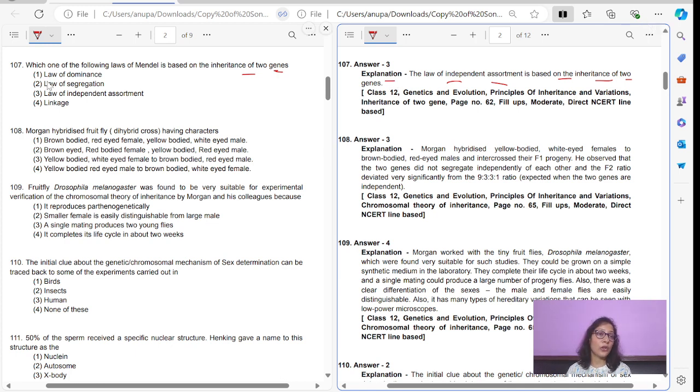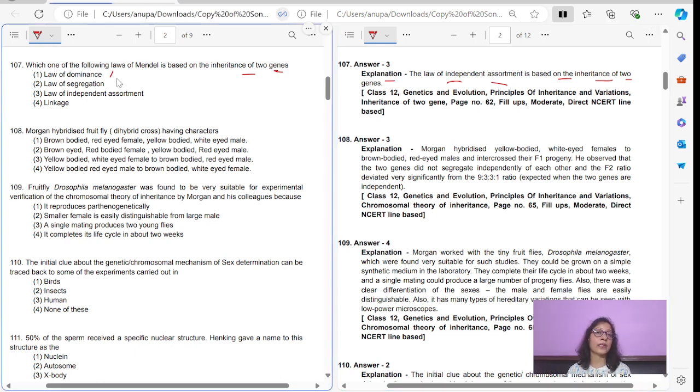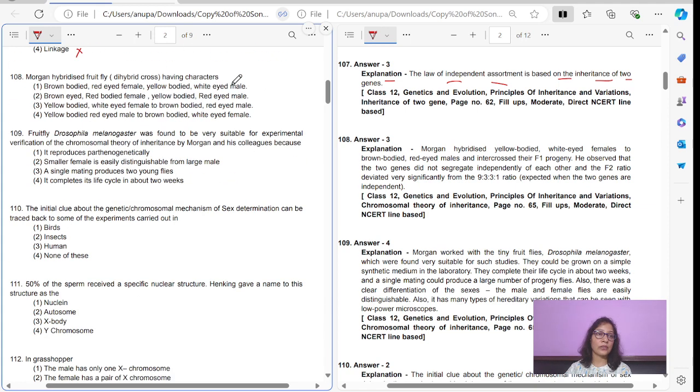Here the options are law of dominance, no; law of segregation, no; law of independent assortment; linkage, no. So the correct answer for this question will be option 3, that is law of independent assortment. Now let's move to the next question, that is question number 108.